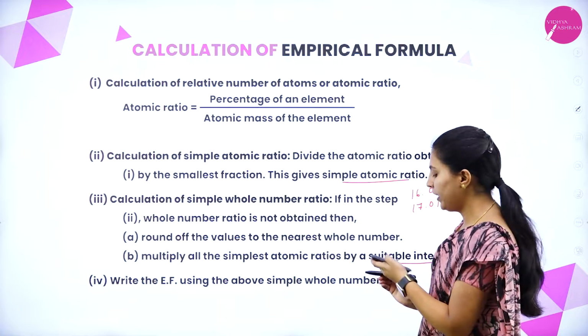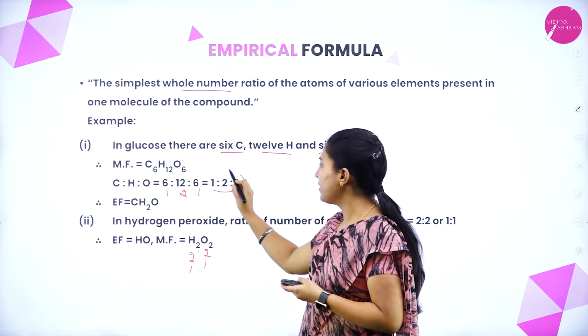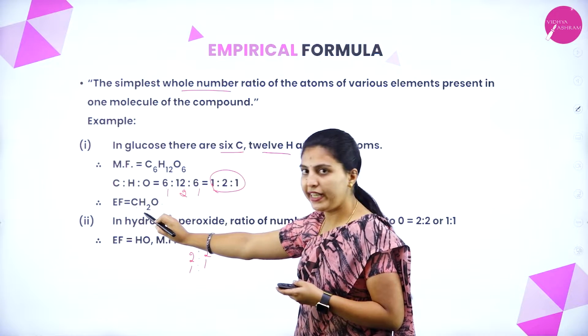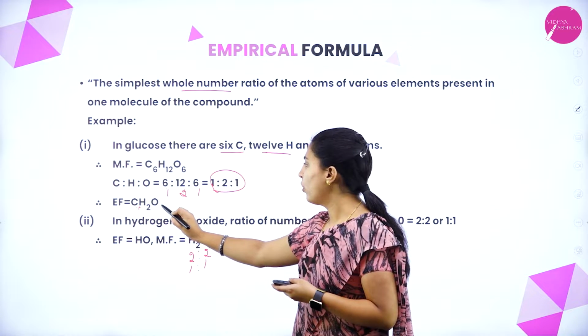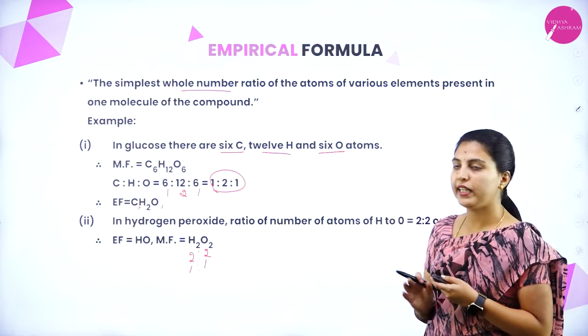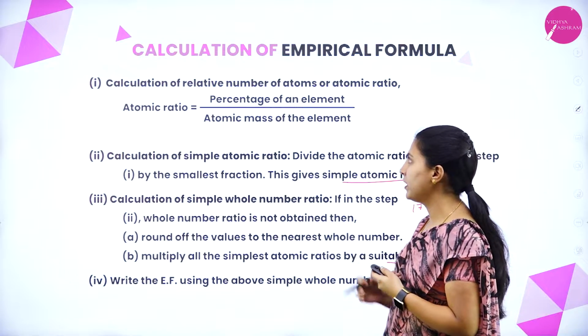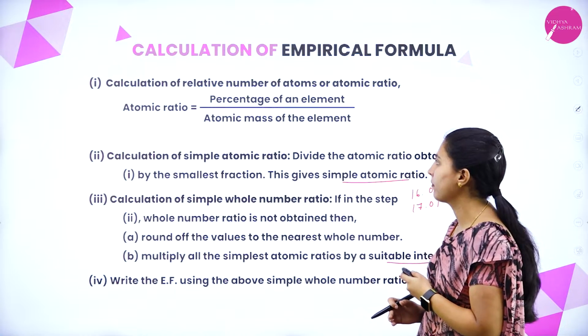That is what we did here. Again, after simplifying and getting the simplest whole number ratio, you have to write the formula, that is C1H2O1. Like this you have to write it after getting the empirical formula. This is how the calculation of the empirical formula is done.